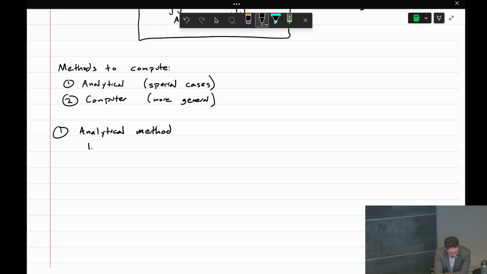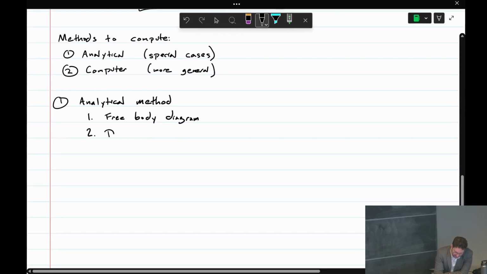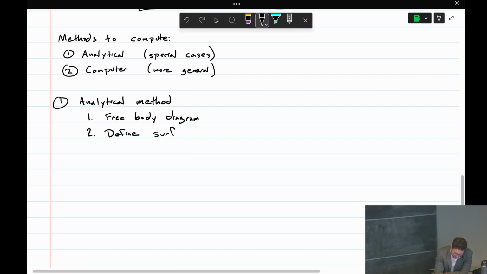Just like probably the majority of other mechanics classes, we start with a free body diagram. We define a surface coordinate system.